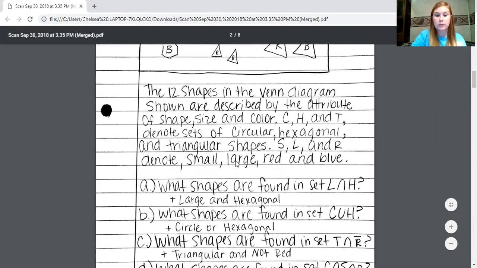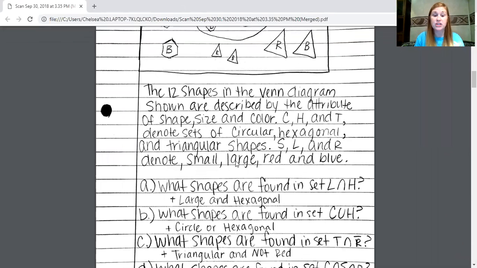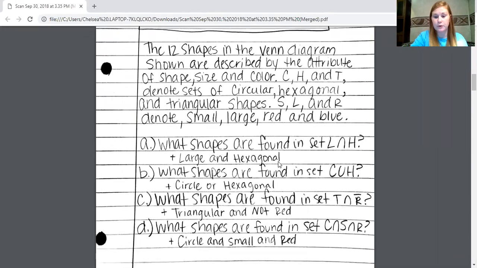What it says here is that C, H, and T are going to denote circular, hexagonal, and triangular shapes. S, L, B, and R are going to be small, large, blue, and red. I left out my B, I'm sorry.